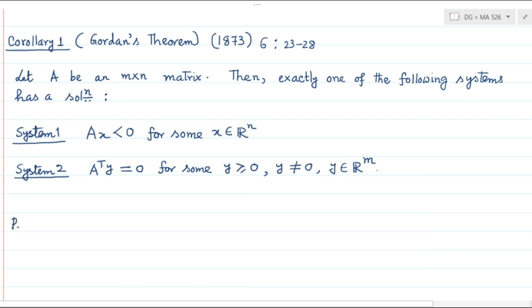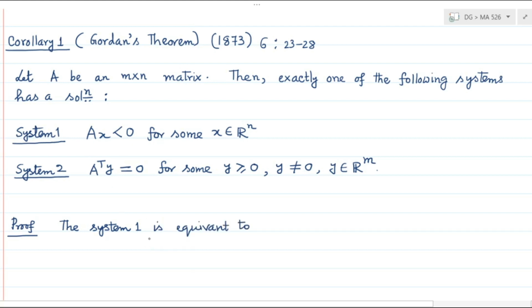The proof is the following. We note that system 1 can be written similar to system 1 in the Farkas theorem. System 1 is equivalent to the following. Here you note that Ax is less than 0.